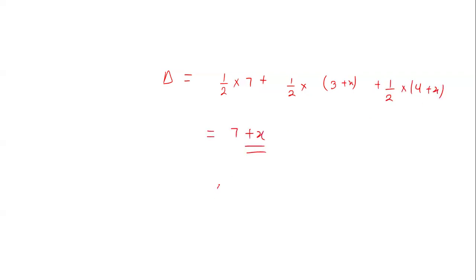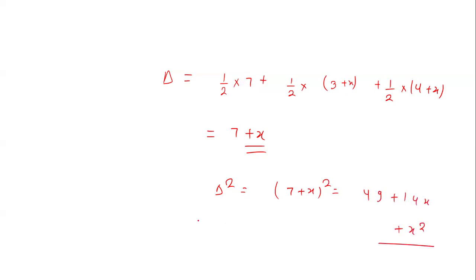From here you can see that del, the area of the triangle, is half times 7 plus half times 3 plus x plus half times 4 plus x. If you calculate this, it will come to 7 plus x.